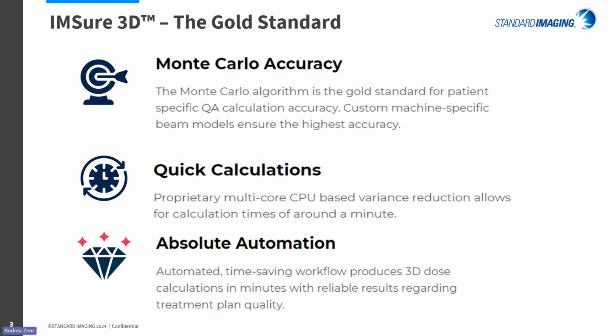With IMSure 3D, we're now at a point where these calculation times are imminently feasible and manageable. For example, the CyberKnife calculation times with IMSure 3D are typically 1 to 3 minutes with standard hardware in the clinic. The calculation times for standard C-arm Linac plans are even less.